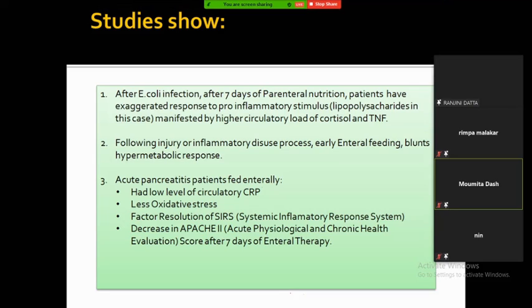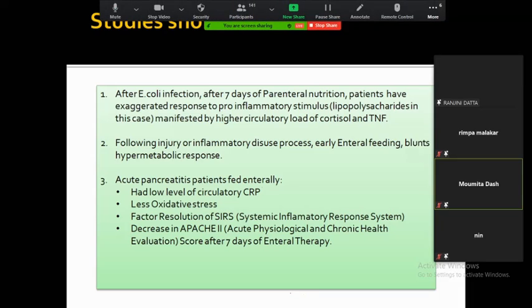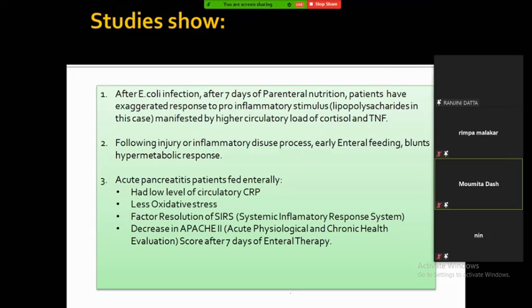Another thing I want to point out about pancreatitis, since pancreatitis is one of the main patients that we encounter in this critical care setup in a normal hospital ICU, which poses a problem for feeding. Enterally fed, they will have low levels of CRP or the C-reactive protein, which is basically a marker of the inflammatory status of the body.